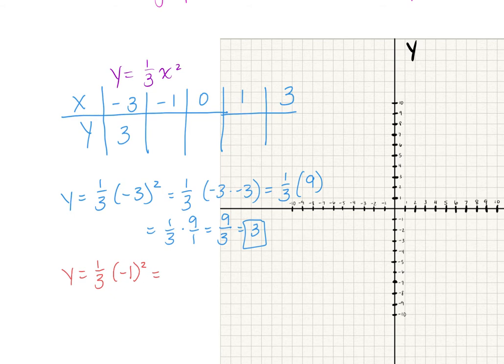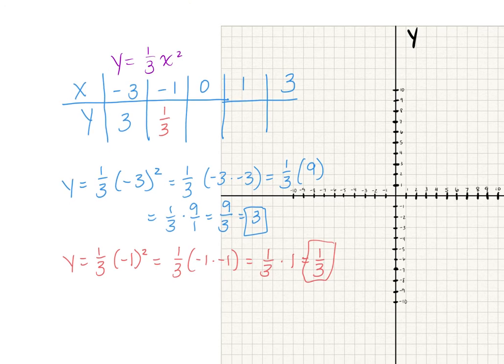So first I did the -1 squared, and that's positive. It's just 1/3. Awesome. So we got 1/3 for this one. Let's put that in our chart.